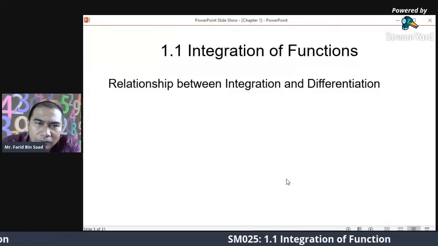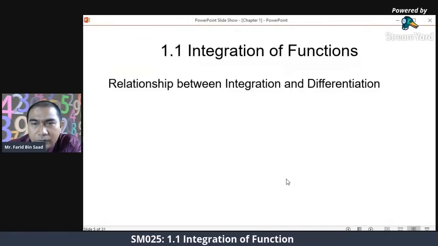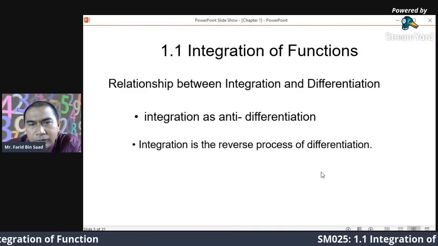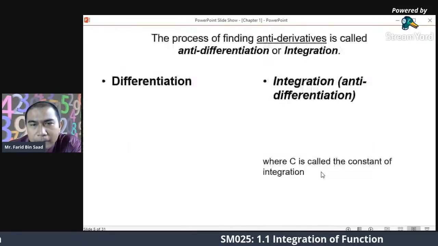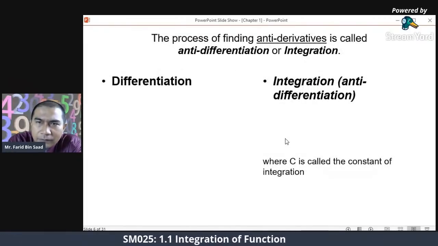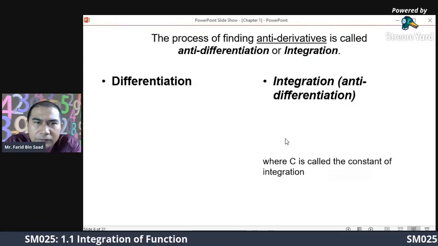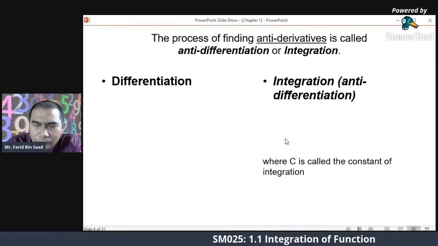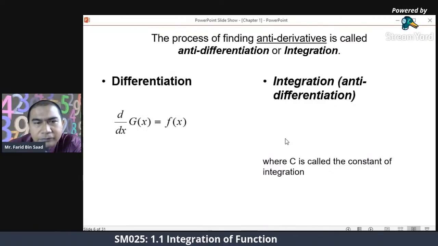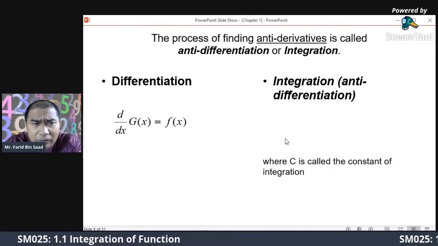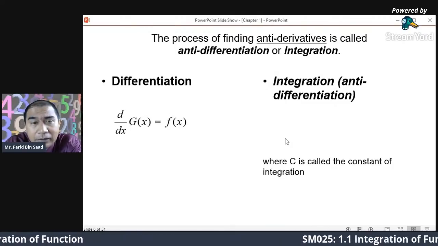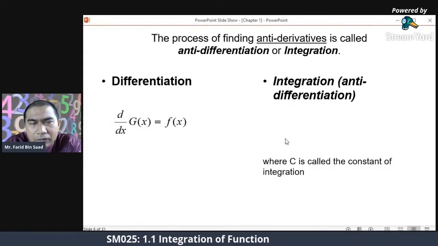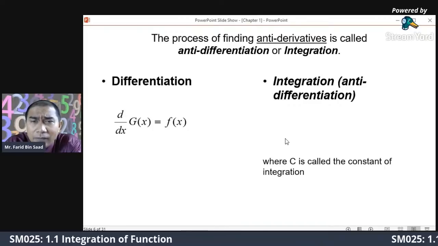Integration of a function, relationship between integration and differentiation. Integration is anti-differentiation, the reverse process of differentiation. The process of finding the antiderivative is called anti-differentiation or integration. In semester 1, we already learned differentiation: d over dx of the function gx gives fx.